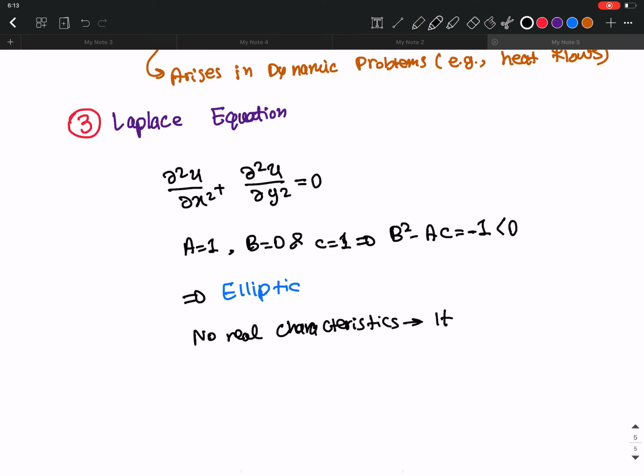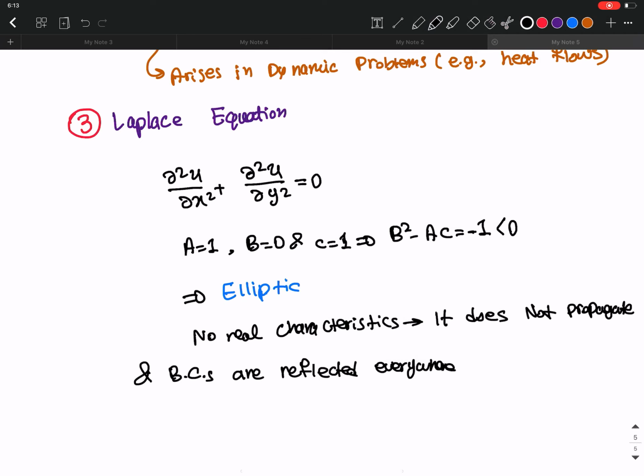So it does not propagate, and the boundary conditions here are reflected everywhere in the solution.